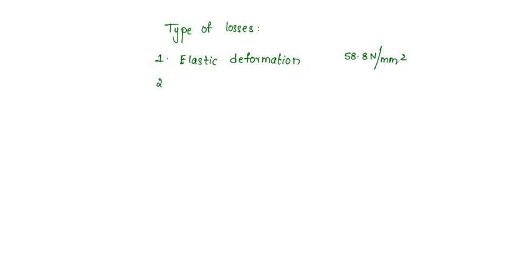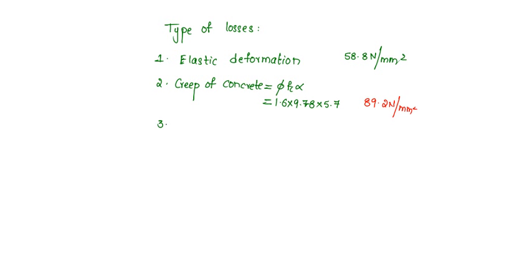Second is due to creep of concrete, which is obtained using creep coefficient method, that is phi into Fc into alpha modular ratio, that is equal to phi is 1.6 into Fc is 9.78 into alpha is 5.7, which is equal to 89.2 Newton per mm square.